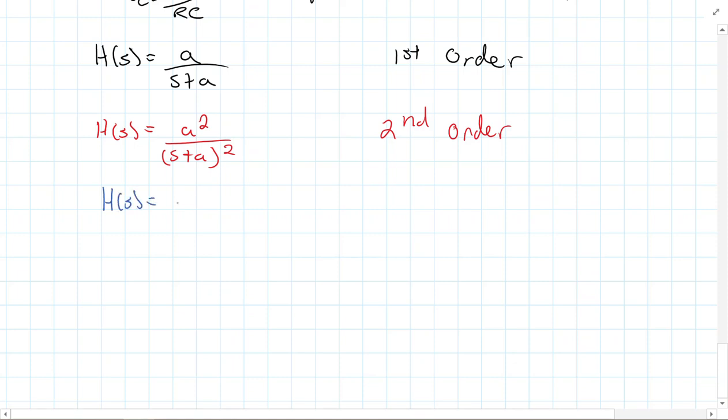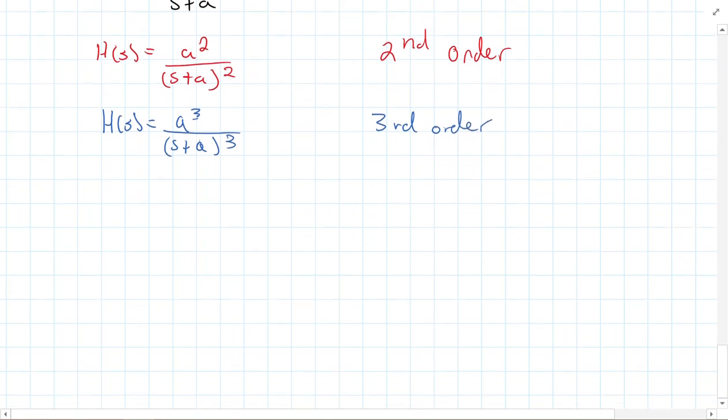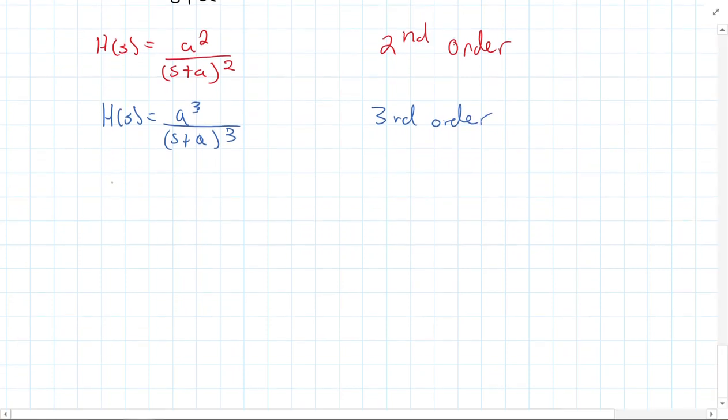H at S being A cubed over S plus A cubed. This is third order. And then A to the fourth over S plus A to the fourth would be fourth order. And we could continue on, making fifth, sixth, seventh, eighth order passive filters.